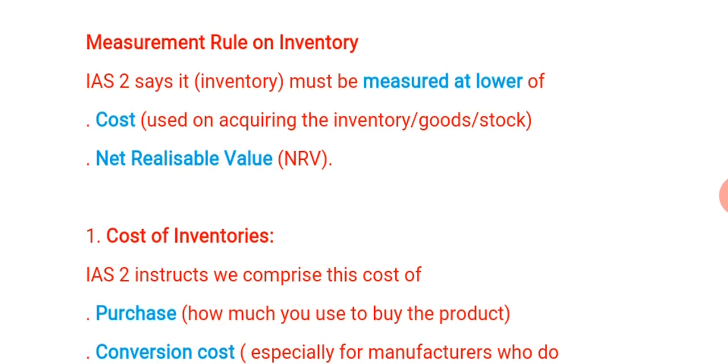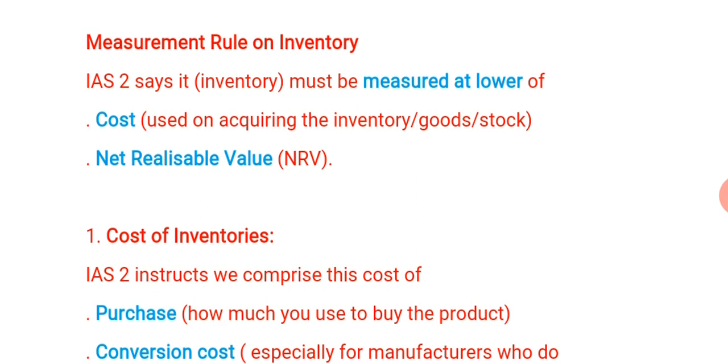Like I gave the scenario of the shirt, where I go to the market, I spend on transport, I spend on tax on the shirt, and I spend on, say, transport to come back again. So how do I record it as the value of the inventory? Do I record those expenses or should I not record those expenses?